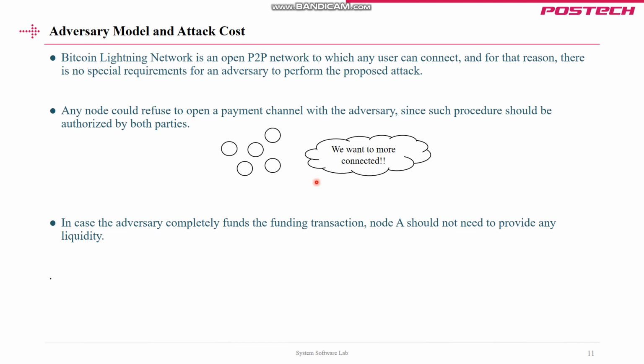However, the nodes in the Lightning Network are expected to be willing to open new channels, to allow better connectivity. And in case the adversary completely funds the funding transaction, node A does not need to provide any liquidity. So this means the node is more likely to accept the request from the adversary to open the channel.